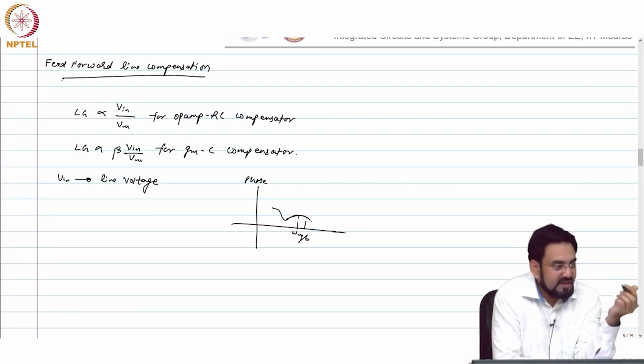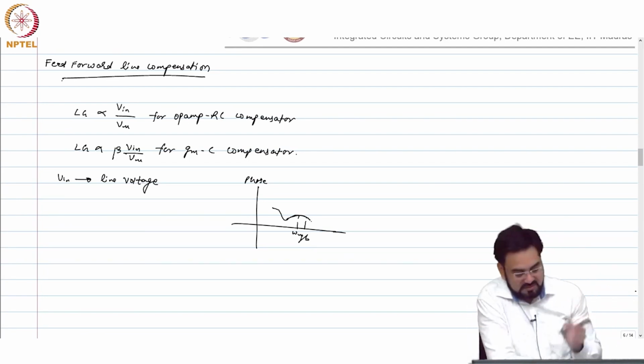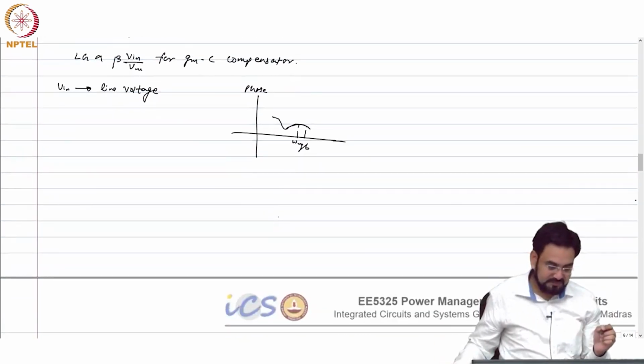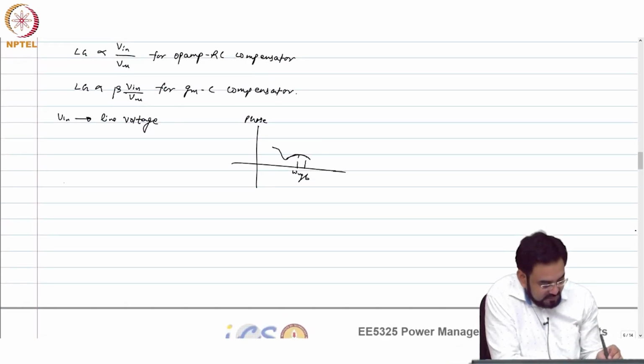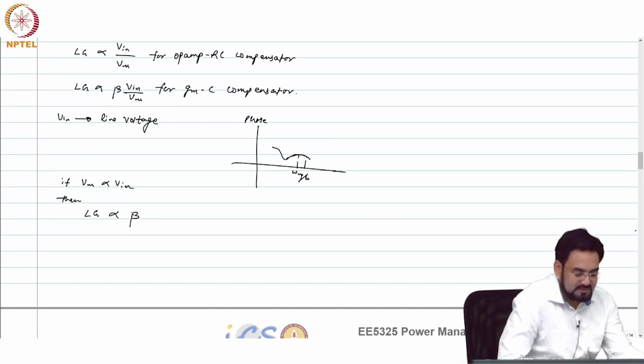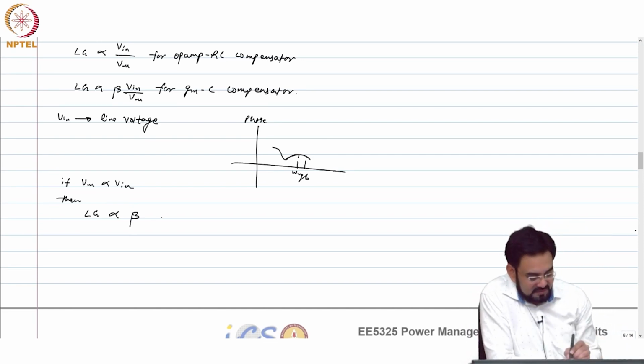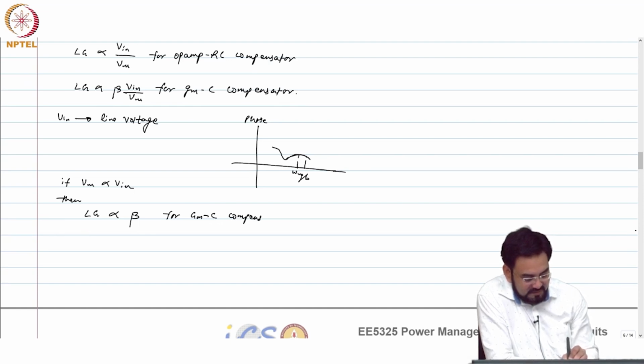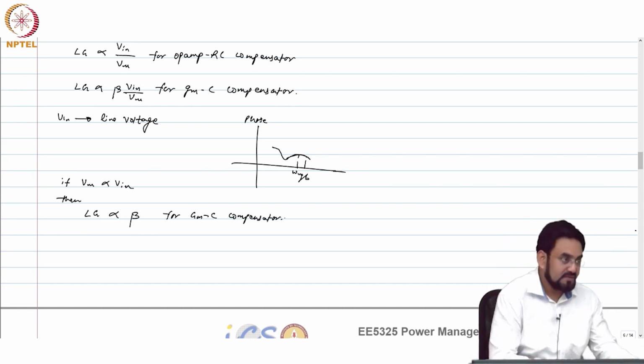Yes, if you derive Vm from V in, then they will cancel out. So if Vm is proportional to V in, then Lg is only proportional to beta for the GMC compensator.